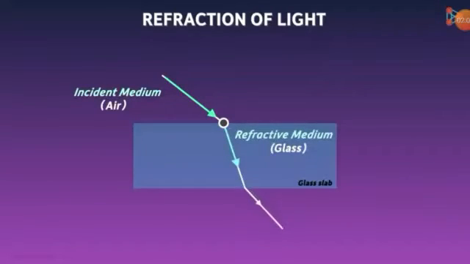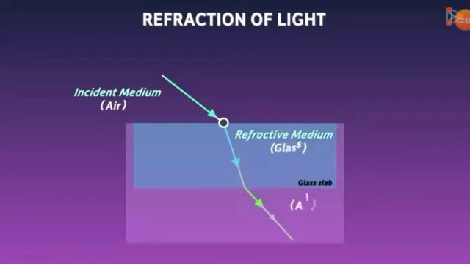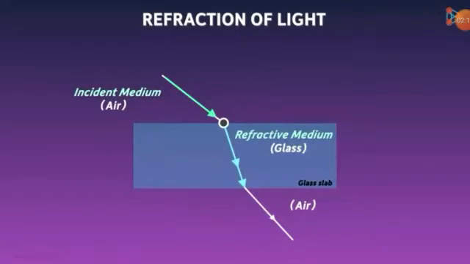When the light moves out of the glass slab, it again enters the air, so again it bends outwards into the air medium. In both ways it bends.